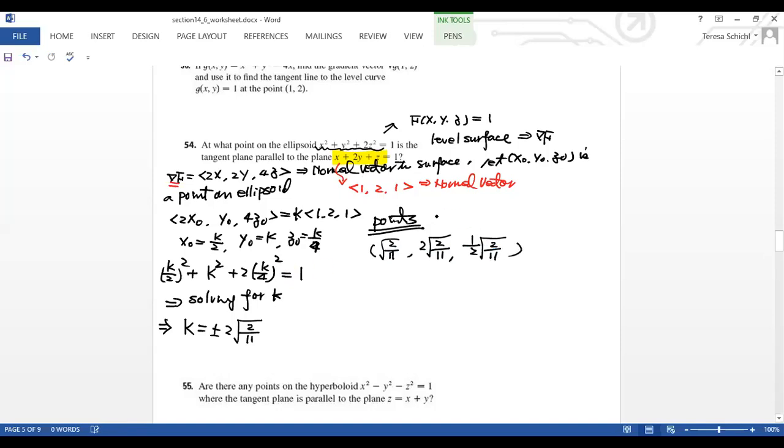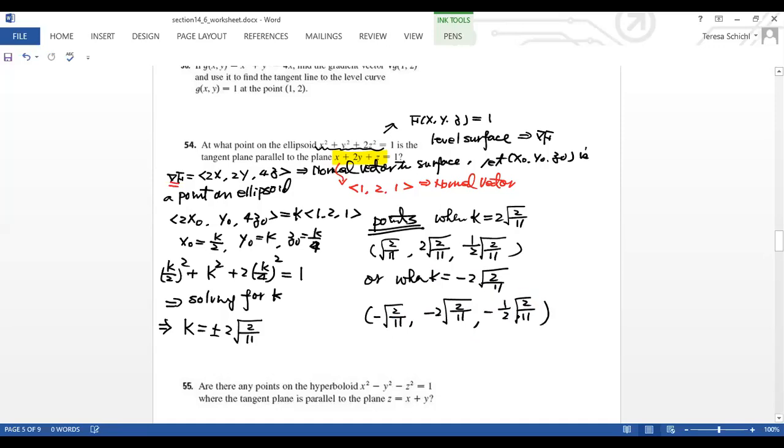This is my first point when k is equal to positive 2 over 11. Then another point is when k is equal to negative 2 over 11. So my point will be negative 2 over 11, negative 2 over 11, and negative one half of 2 over 11 here. All right.